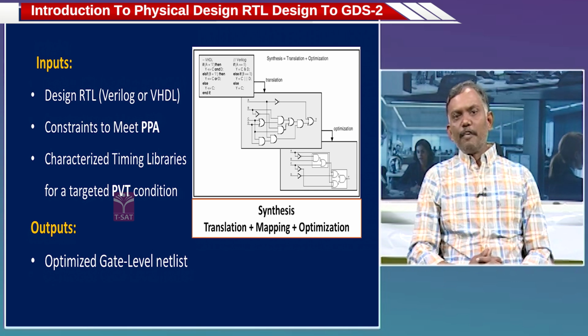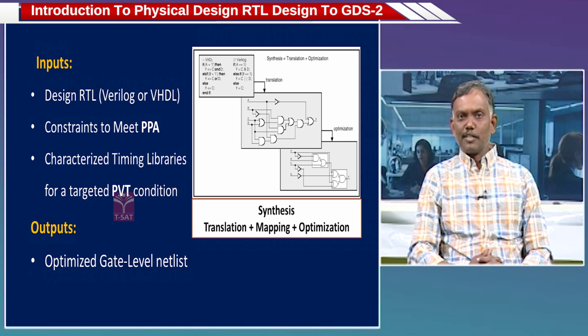Now, take the fast corner. If you add the delays for the 4 gates, 1 nanosecond, 1, 1, 1, that is 4 nanoseconds, which is less than 7 nanoseconds, meaning you met the given constraint. Go to the typical corner. What are the delays for each gate? 1.5 nanoseconds, 1.5, 1.5, 1.5, that is 6 nanoseconds, which is less than 7 nanoseconds.